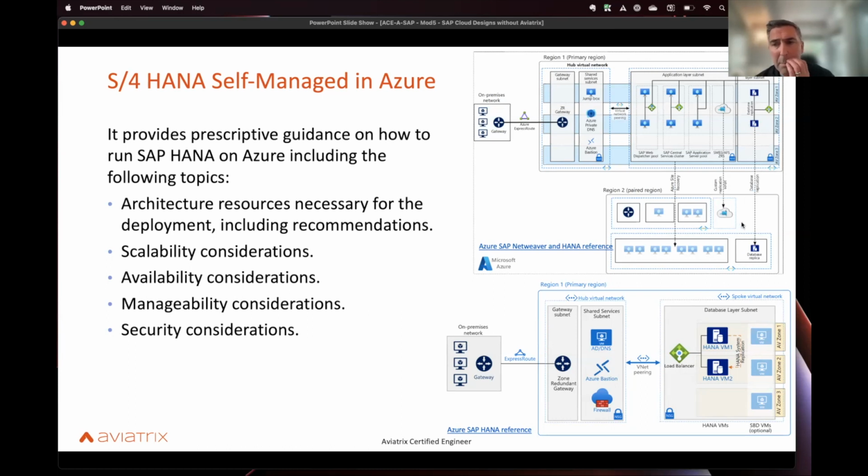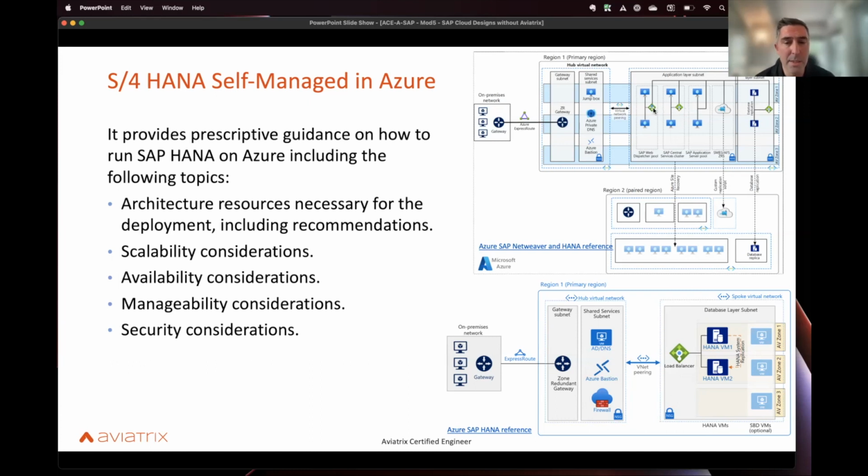And typically that paired replication could be to another region. So what you do is you have Azure Site Recovery to replicate to another region, custom replication, automation, as well as database replication. What you'll notice in the application and database layers are load balancers.